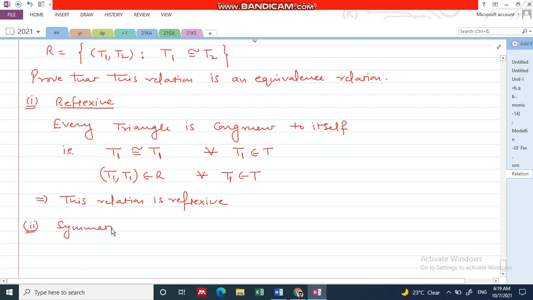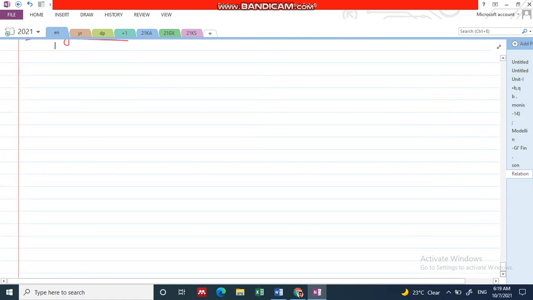Number two, symmetric. Now in case of a symmetric relation, we take: let (T1, T2) belong to R. It implies that T1 is congruent to T2, or you can say that T2 is congruent to T1.